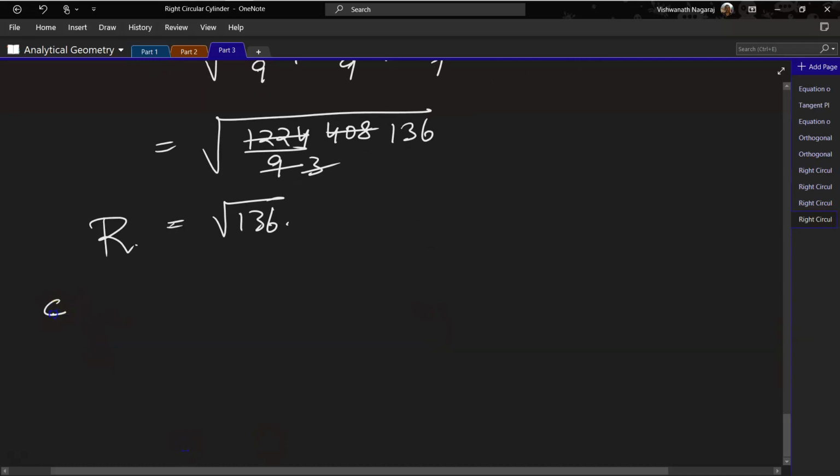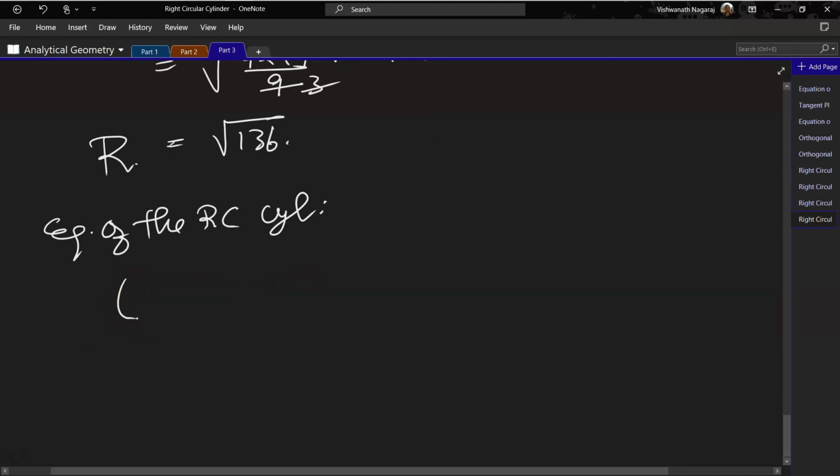So let's write the equation of the right circular cylinder, which would be L square plus M square plus N square. That is 2 square plus 2 square plus minus 1 square.